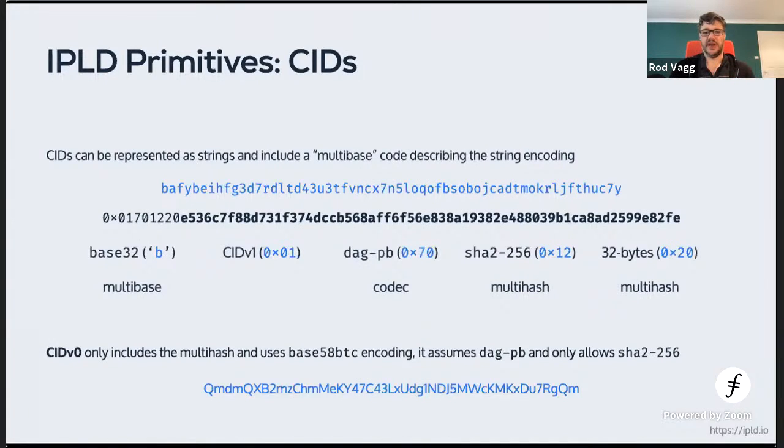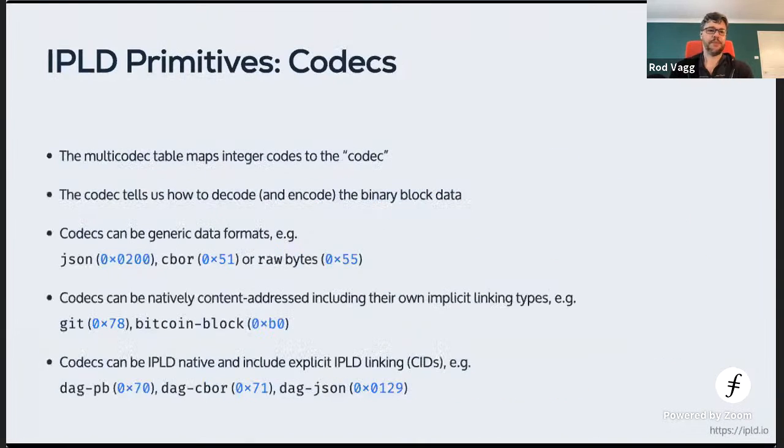It doesn't vary on the codec, and it also forces you to use SHA-256. So when you load a CID version 0, you know it's DAG-PB, and it will be SHA-256. So this is the typical UnixFS for IPFS format. Everything newer is using CID version 1, and you would be recommended to use that very strongly because it contains a lot more information.